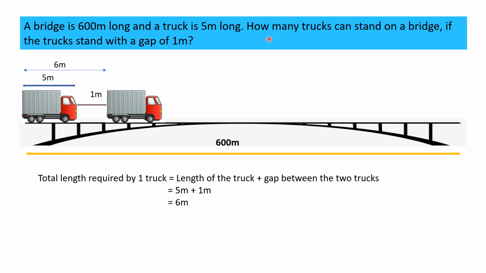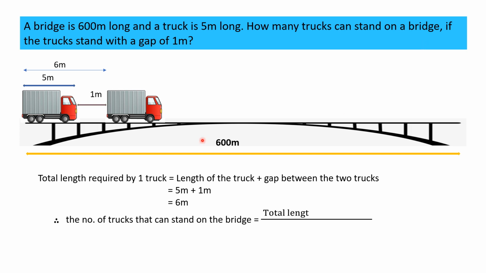The question is how many trucks can stand on a bridge? Therefore, the number of trucks that can stand on the bridge is equal to total length of the bridge divided by total length required by one truck.